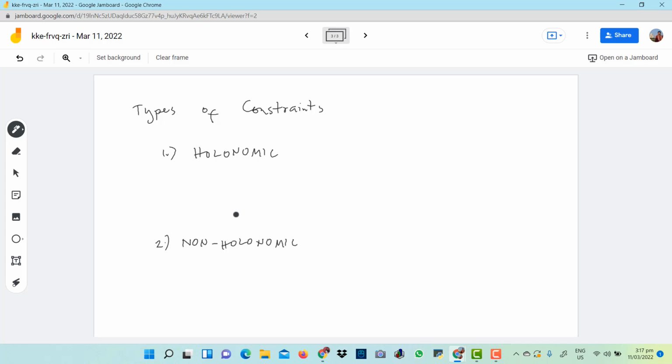So for holonomic, what is it? Holonomic constraints are equalities.